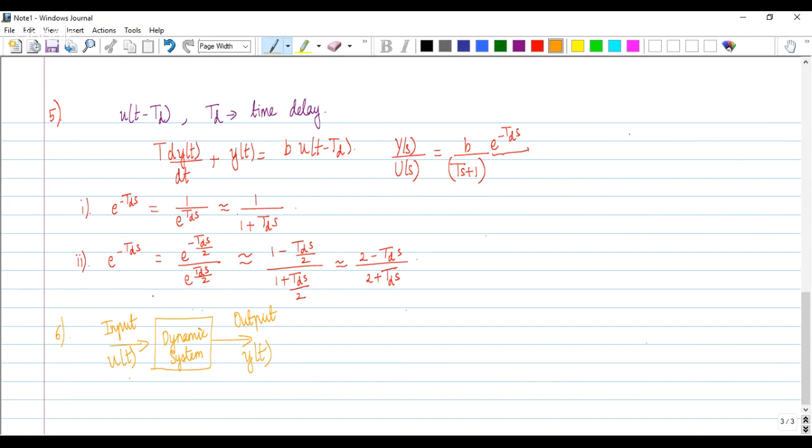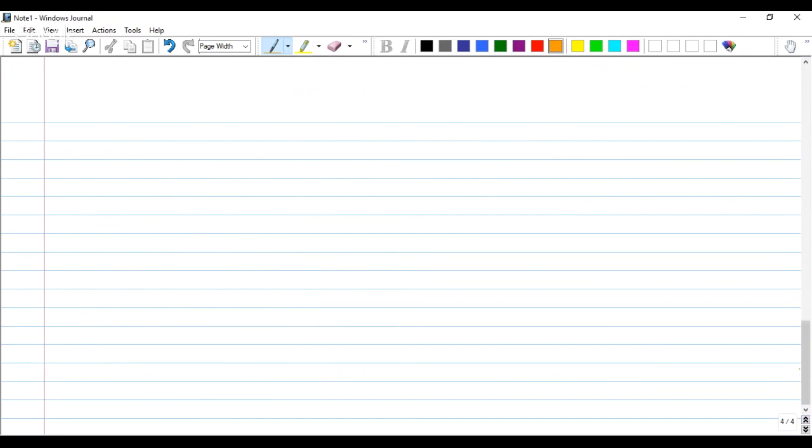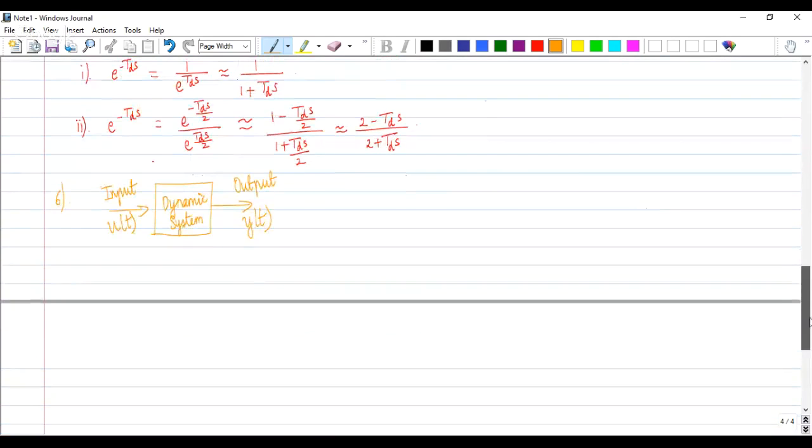Of course, the word dynamic itself comes from the fact that the inputs change with time and the output also changes with time. We also use what are called dynamic models to model dynamic systems. What do we mean by dynamic models?